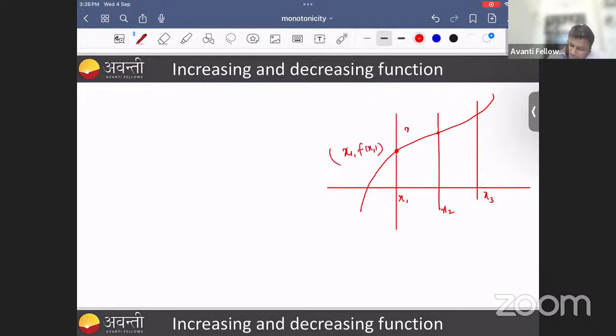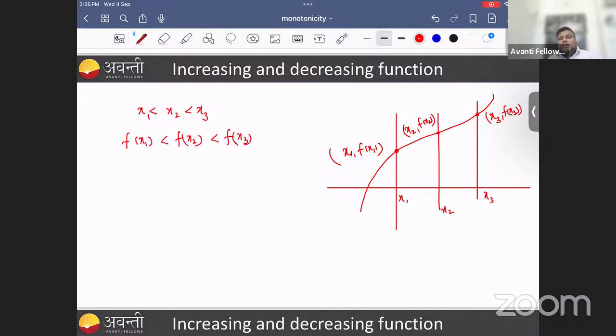This point is x2 comma f(x2). And this point is x3 comma f(x3). Now if you see, x1 is less than x2 less than x3. So it is very much clear that f(x1) is less than f(x2), which is less than f(x3).